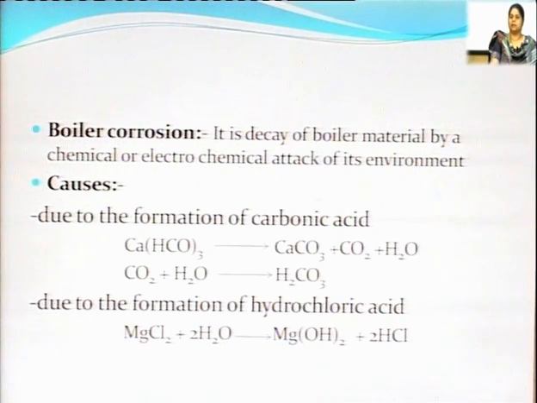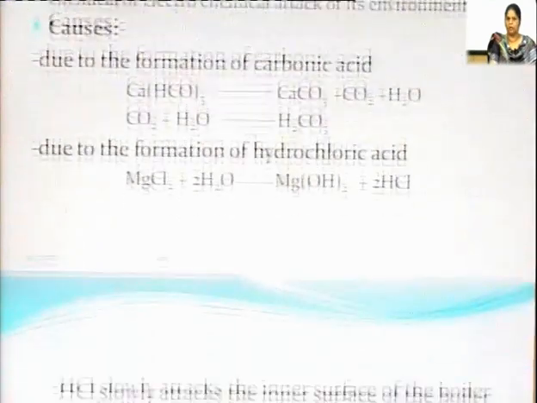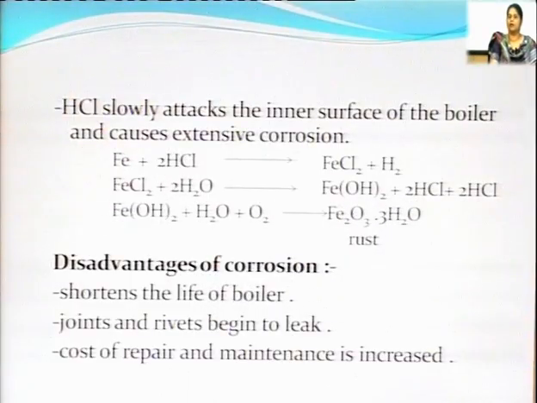Even when the hardness causing substance in hard water is magnesium chloride, it results in the formation of hydrochloric acid, which can cause boiler corrosion. HCl slowly attacks the inner surface of the boiler, and on attacking it results in the formation of rust, as represented by these chemical equations.